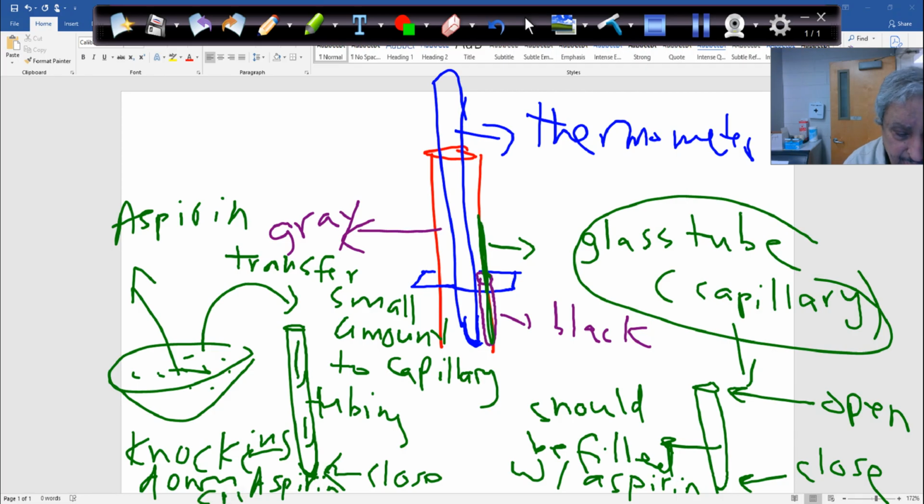So you have to knock it a couple of times against the floor of the bench to make sure that all the aspirin is residing at the bottom. So your tubing here will be filled at the bottom. That's your tubing. This is your aspirin.